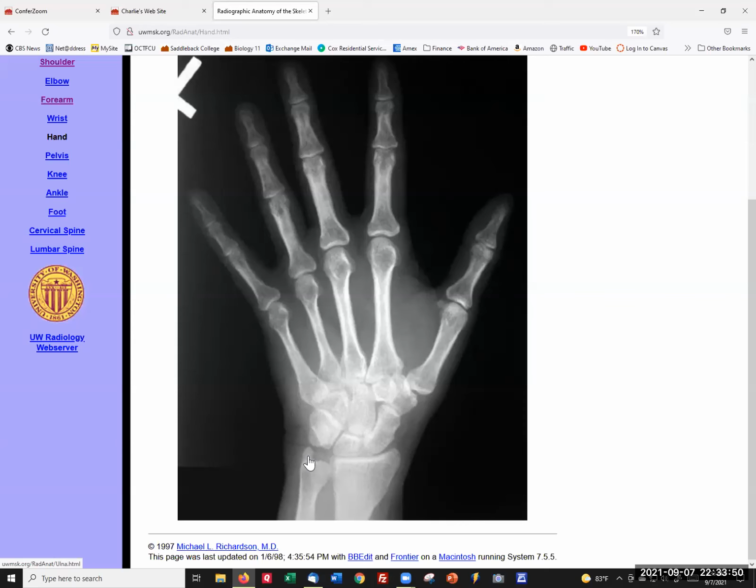Here's the styloid process of the ulna. Here's the navicular or scaphoid. This is the lunate.